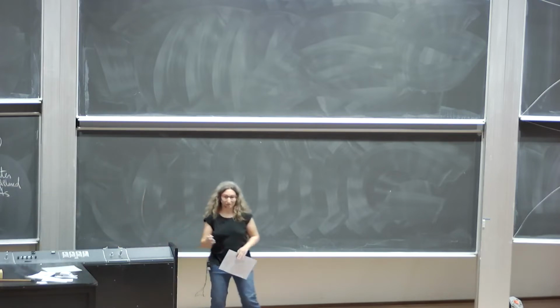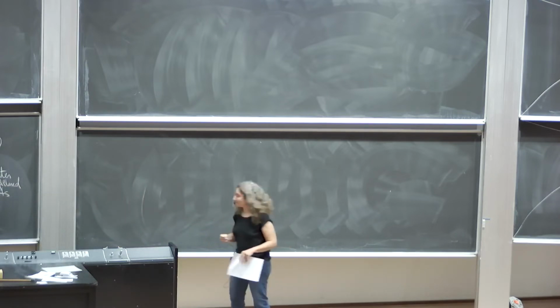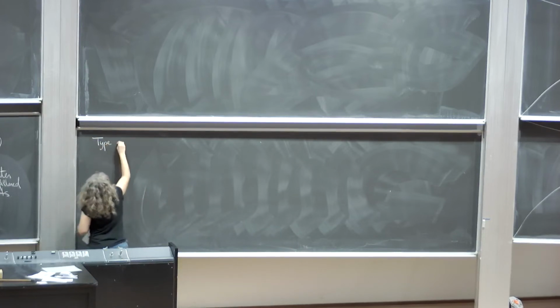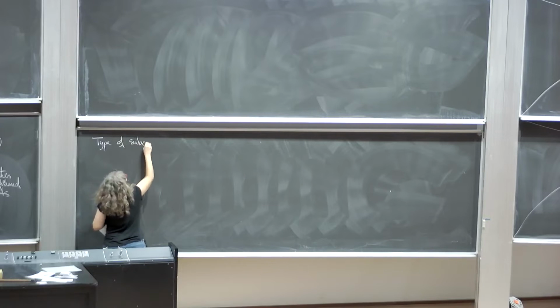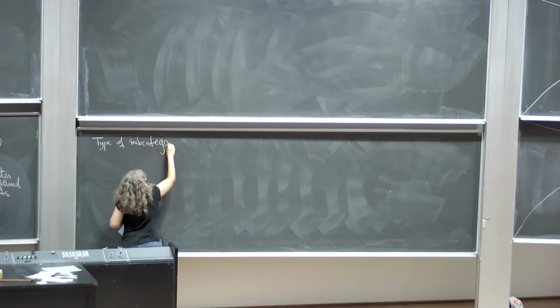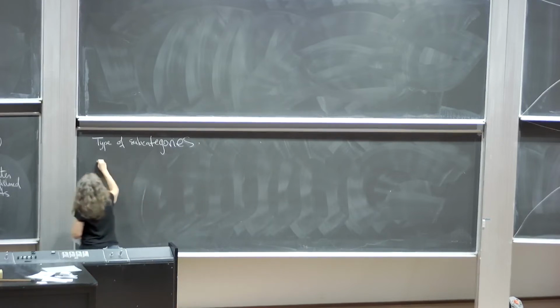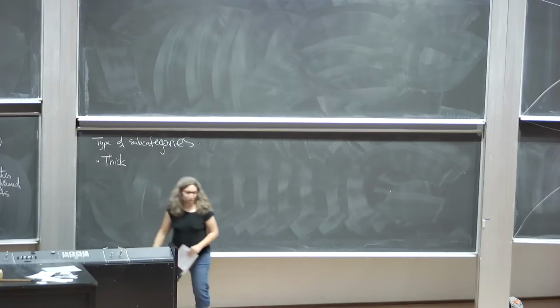So once you have this structure, a tensor-triangulated category, you can look at different types of subcategories in the same way we did last talk. So the types of subcategories we will be interested in are thick, which already appeared last day.